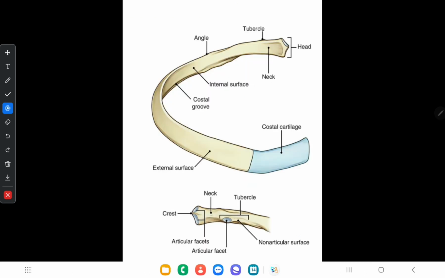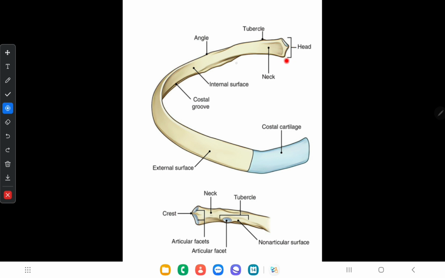As you can see here, in the head there are two facets in a typical rib, an upper facet and a lower facet. The upper facet articulates with the vertebra above and the lower facet articulates with the numerically corresponding vertebra.